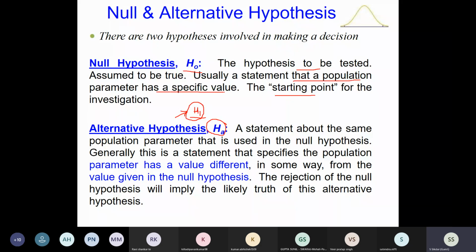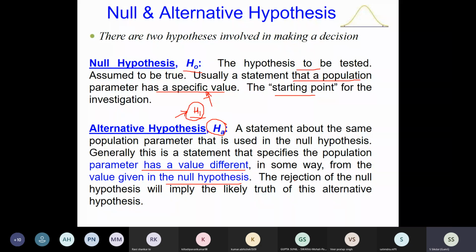And in the alternative hypothesis, it would certainly take the population parameter which is quite different from this particular or specific value. That's why it says it is a value that is different in some way from the value given in the null hypothesis.